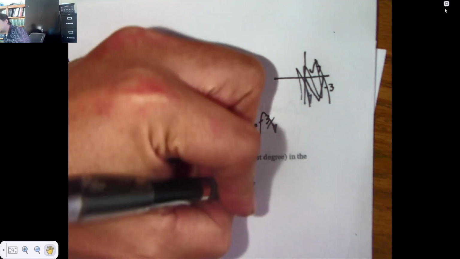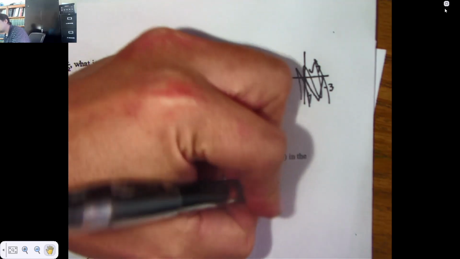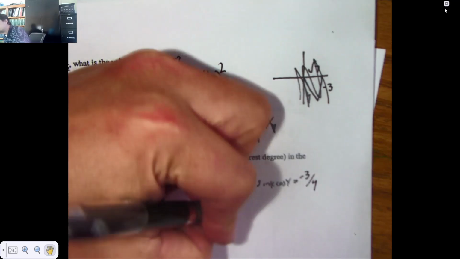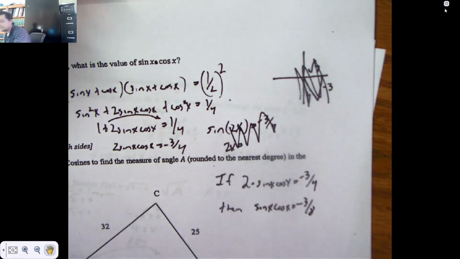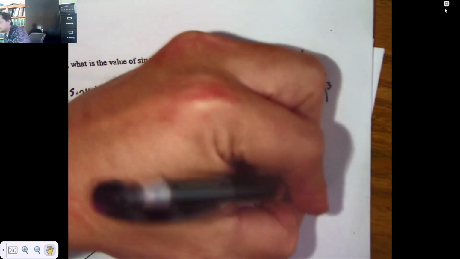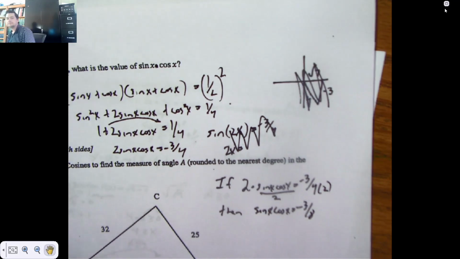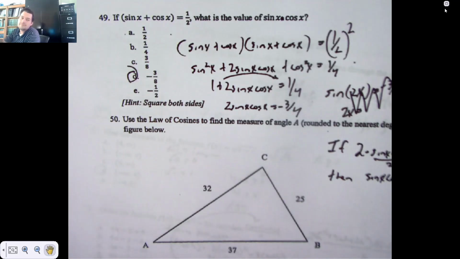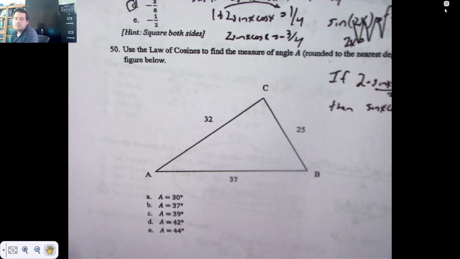If 2 times the sine of x cosine of x is negative 3/4, then sine of x cosine of x has to be negative 3/8, because all I had to do was divide by 2. I'm an idiot. Choice D. I love feeling stupid every once in a while.